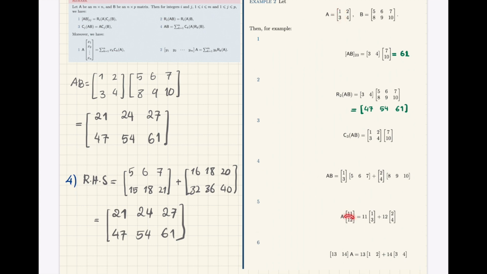I will take the second one, multiply it by the second column, and do this calculation. Let us just patiently do that. What happens? It becomes 11, 33, and then it becomes 24 and 48. And if I add them, it becomes 35, and how much is that? It is 70, 81.